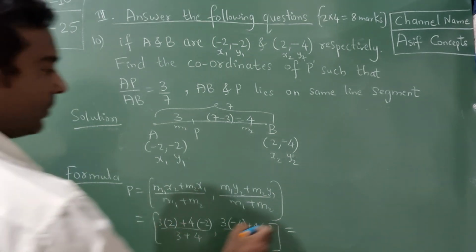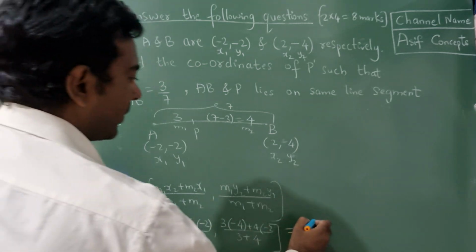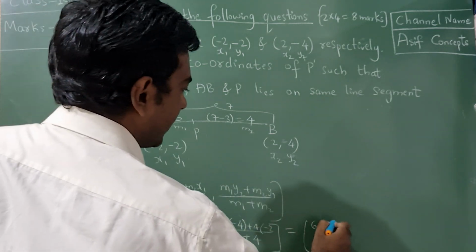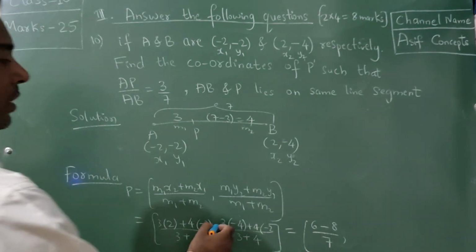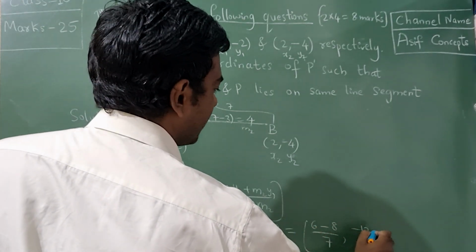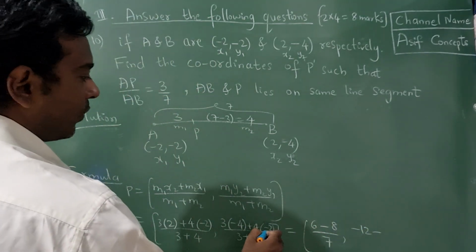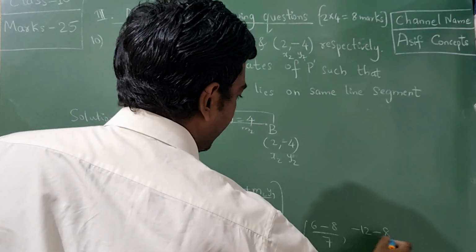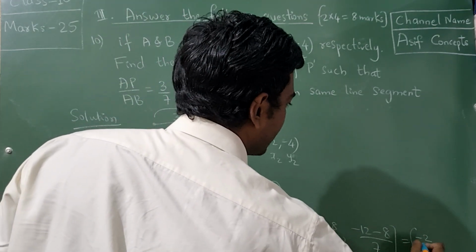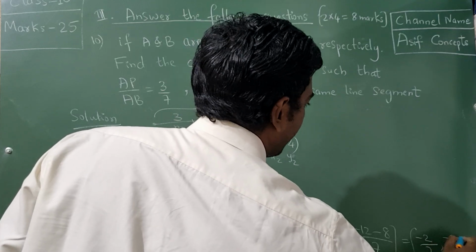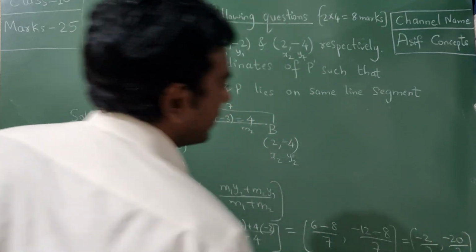Okay, 3 twos are 6, minus 4 twos are 8 by 7. 3 plus 4 is 7. 3 fours are 12, so it is minus 12, minus 4 twos are 8 by 7. So this will become minus 2 by 7 and this will become minus 20 by 7. So this is your final answer.